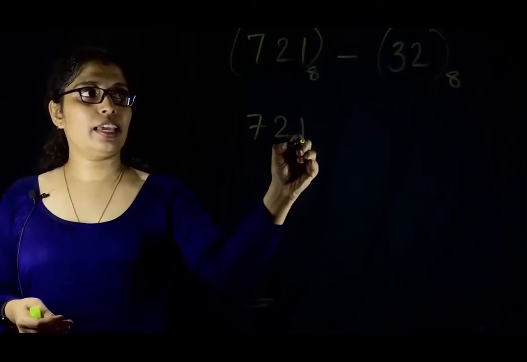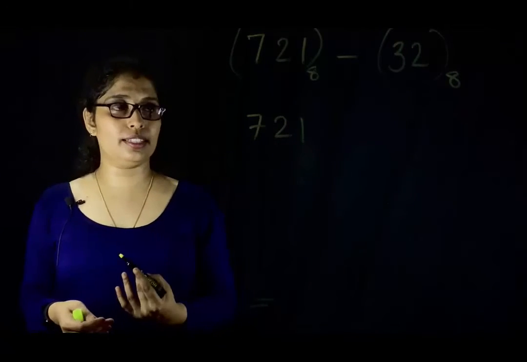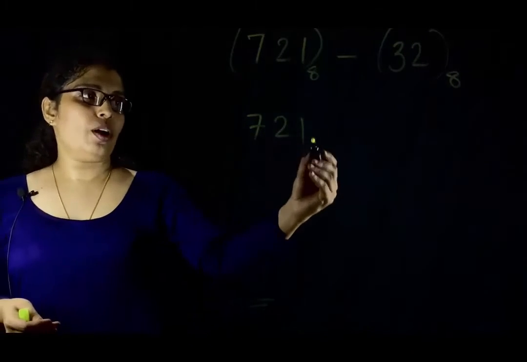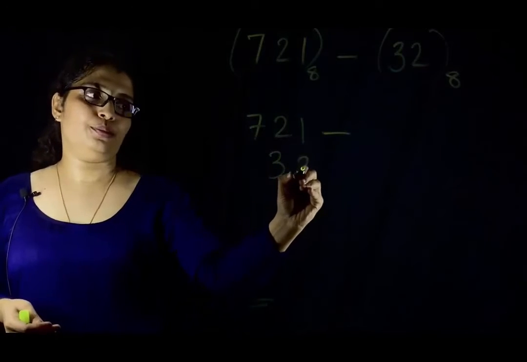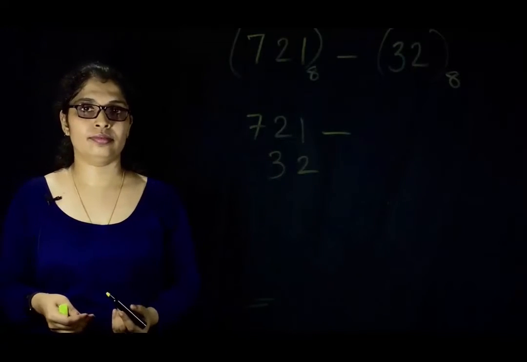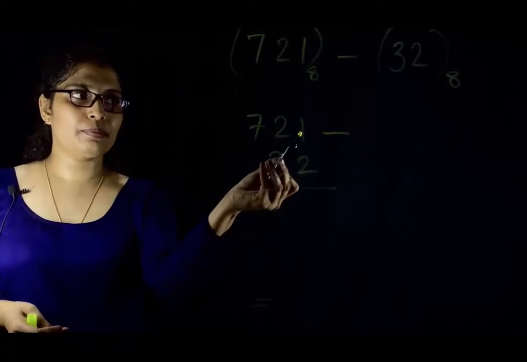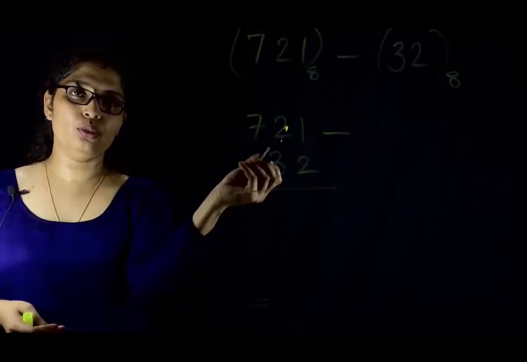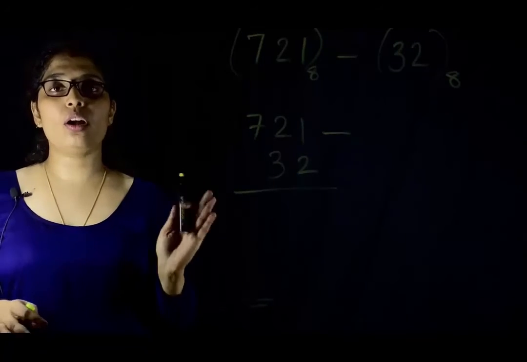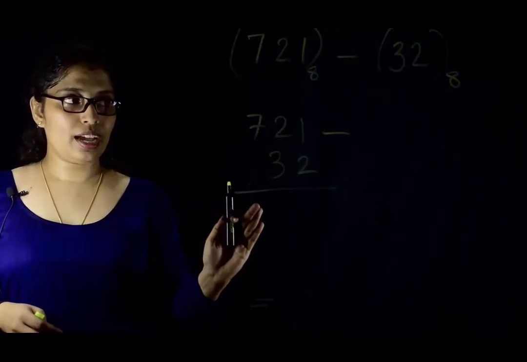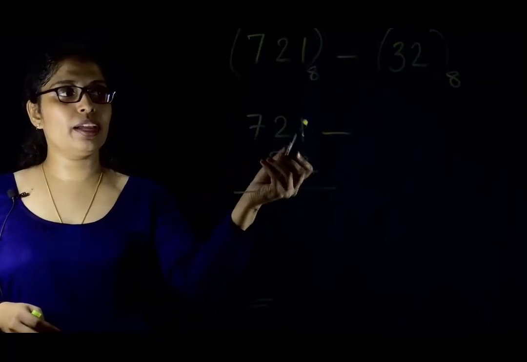The rule is the same as in the decimal system. 7 2 1 minus 3 2. So 1 minus 2 is not directly possible, since 1 is less than 2. In that case, we need to take a borrow from its next neighbor.